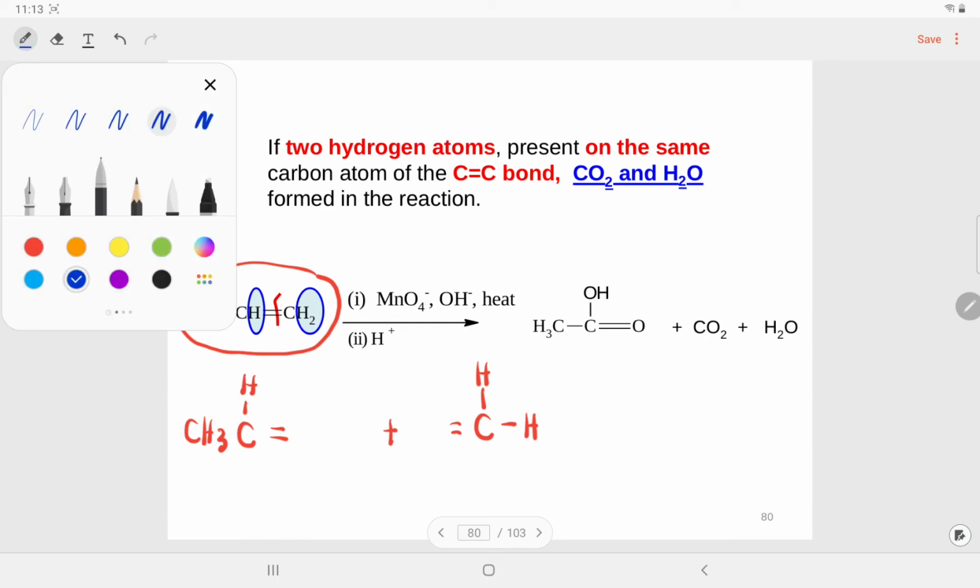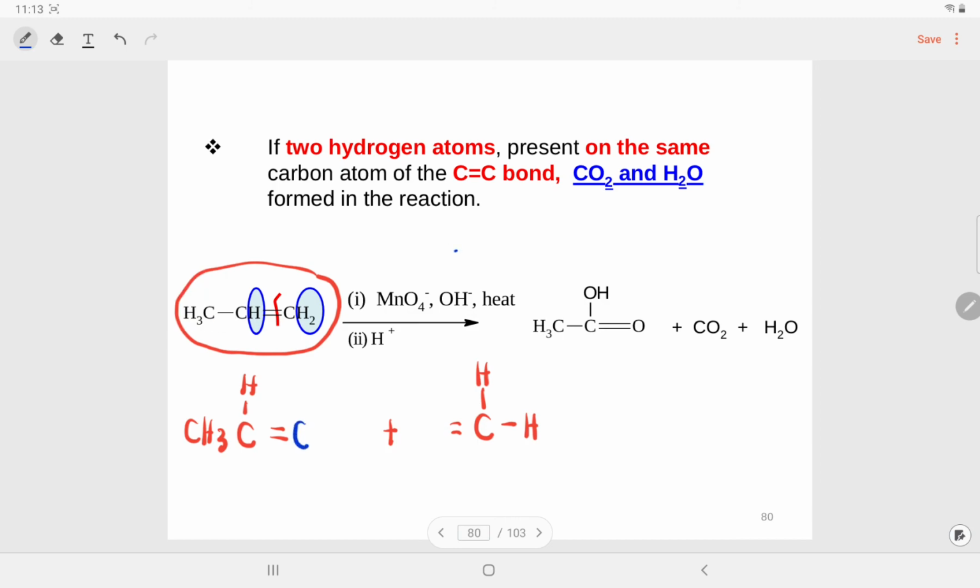With this strong oxidizing agent, first step, we just add oxygen at the half of the double bond, and this part we have the hydrogen, so it can further oxidize to form a carboxyl group, but at the end here, it produces methanol. Since we use a strong oxidizing agent, this will undergo cleavage.